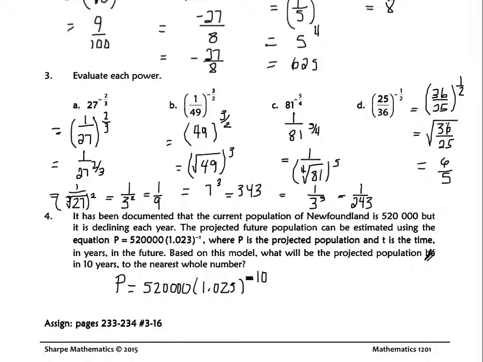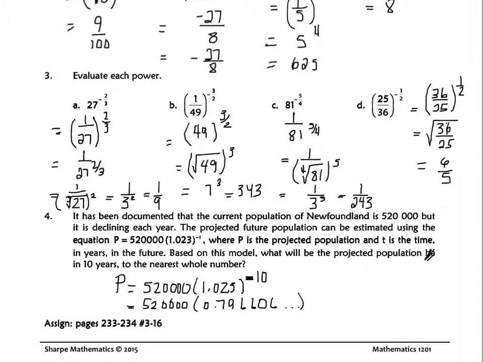So again, order of operations, you'd have to do the exponent part first. So 1.023 to the power of negative 10. You should try this on your own calculator and make sure you're getting the same numbers I'm getting. So that gives you around 0.796606, and so on.